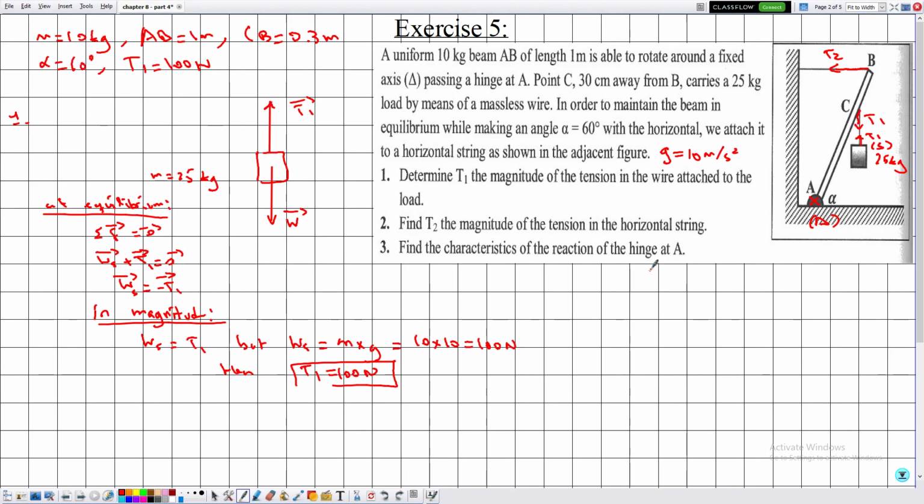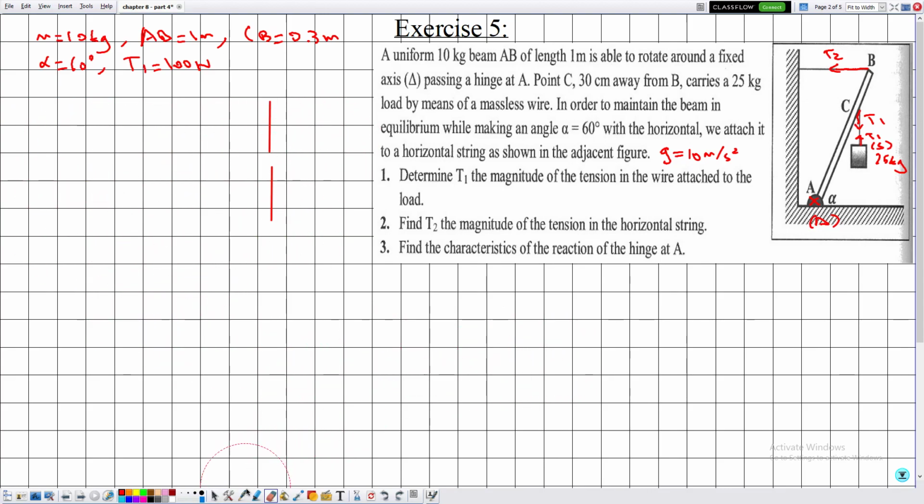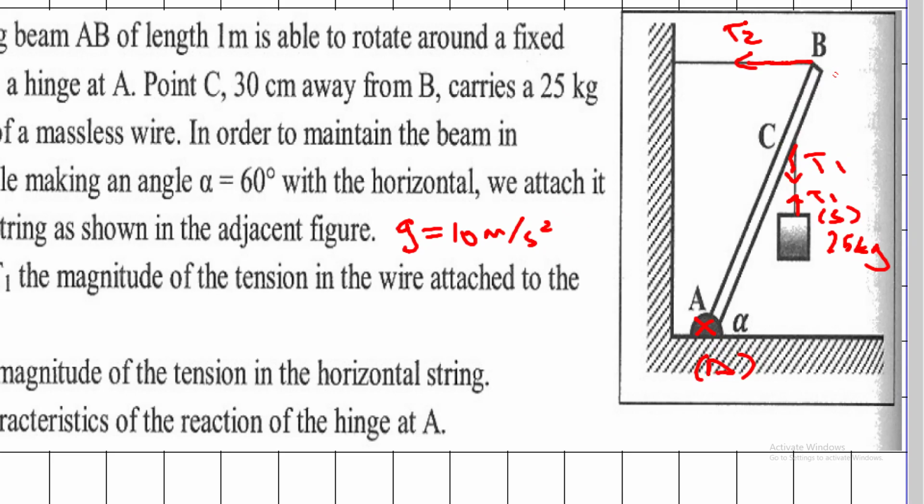Now they are telling us to find T2, the magnitude of the tension in the horizontal string. Now here we are interested in determining the tension T2.